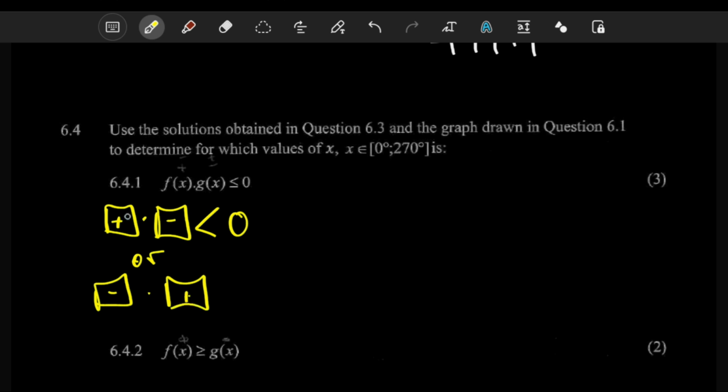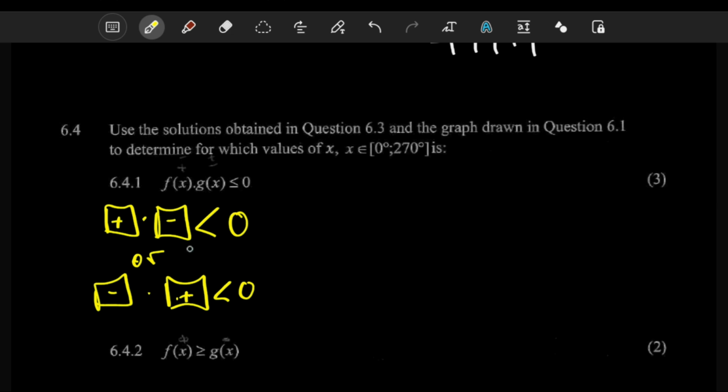So they're basically asking you, where will the y value of this times the y value of that be a negative? And we know that this will only happen if this is a plus while this is a minus, or if this is a minus while this is a plus.